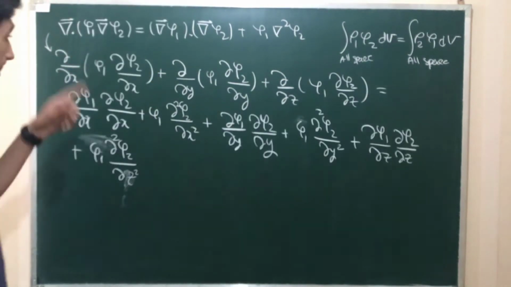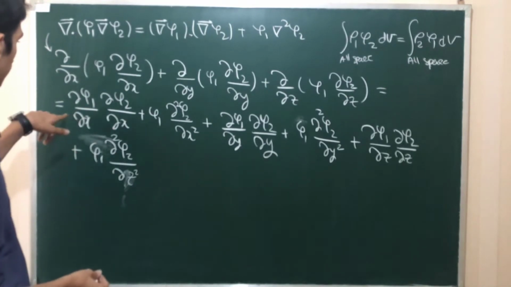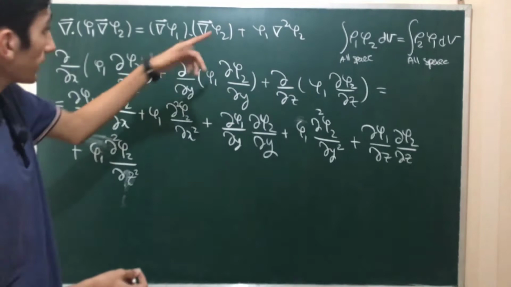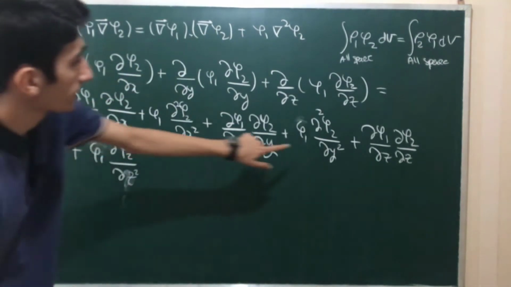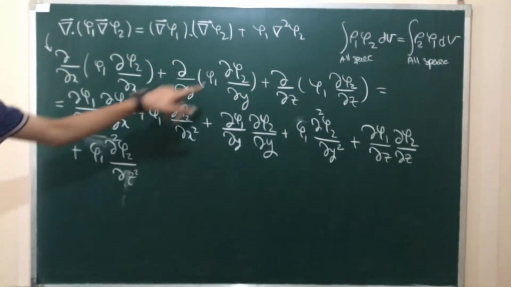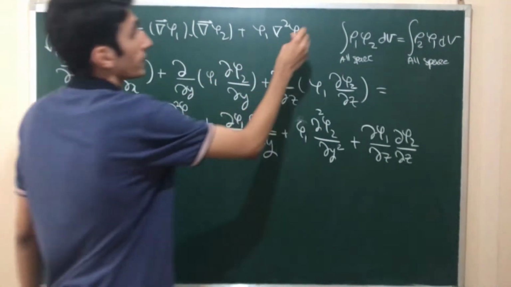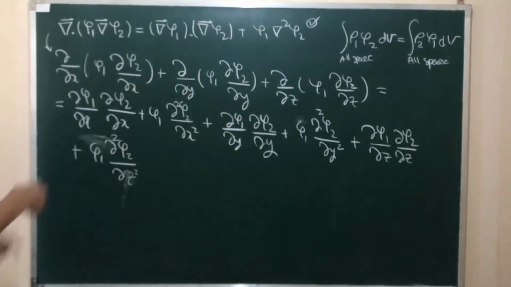Now it's obvious that these terms are the dot product of the gradients, and these terms are phi 1 times the Laplacian of phi 2. So now we know this identity is true.